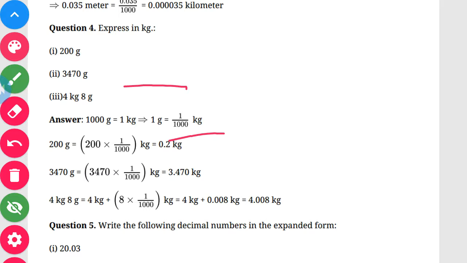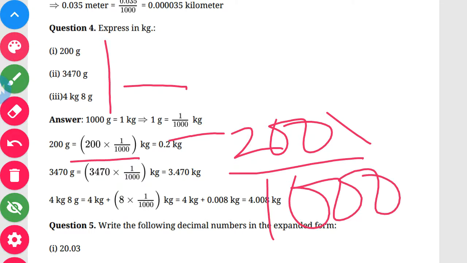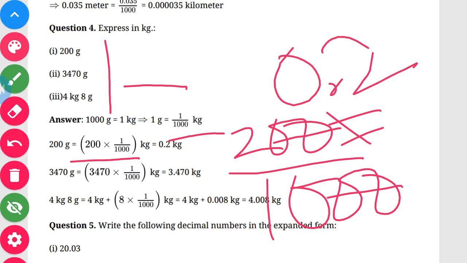What are you going to get? 200 into 1 divided by 1000, that is 200 divided by 1000. If you cancel the two zeros, you get 2 by 10, which is 0.2. So 0.2 is your kg.